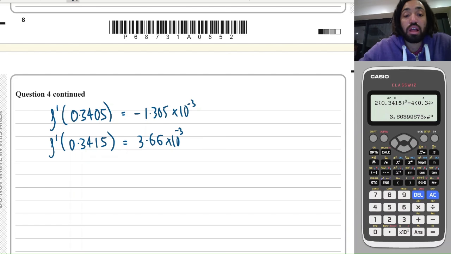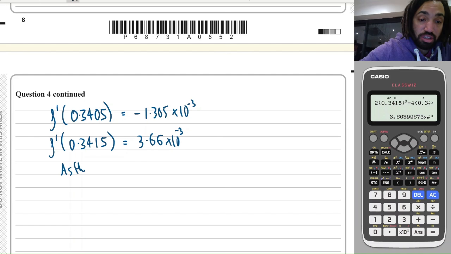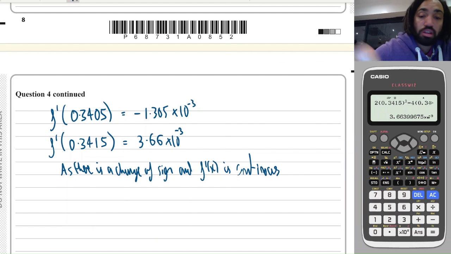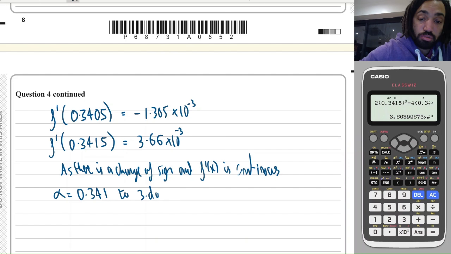And you can say that as there is a change of sign and f dash of x is continuous, alpha is equal to 0.341 to 3 decimal places.